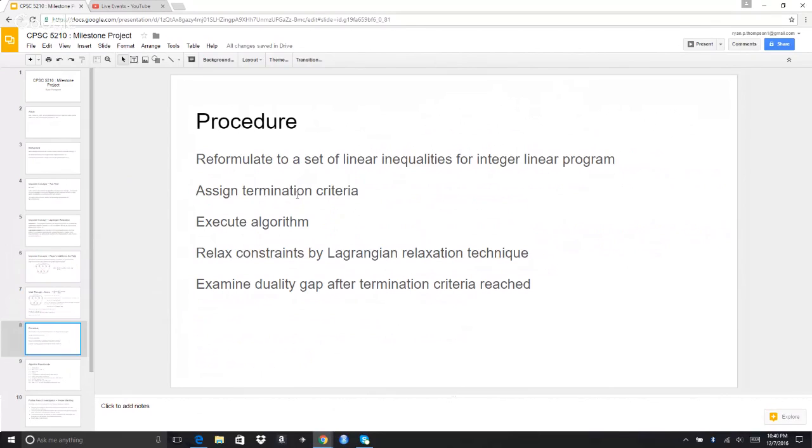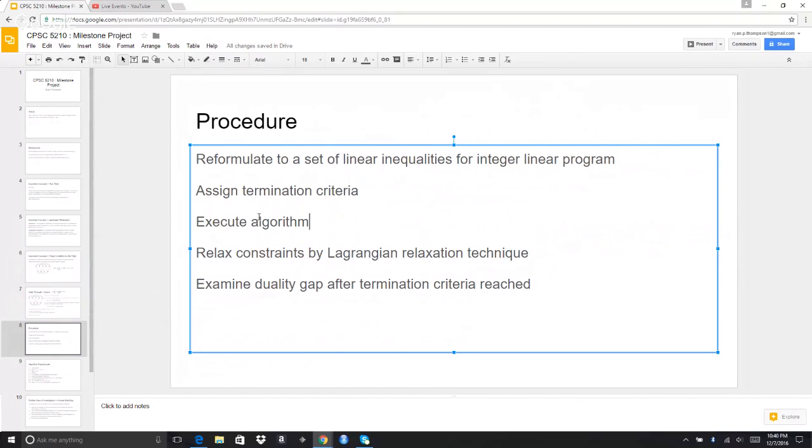So the paper suggests some type of runtime limit. So you could say, give me the optimal score after running for an hour, or give me the Lagrangian relaxation score after running for an hour. It will provide an upper and lower bound for the scoring matching after an hour. So that's our termination criteria.